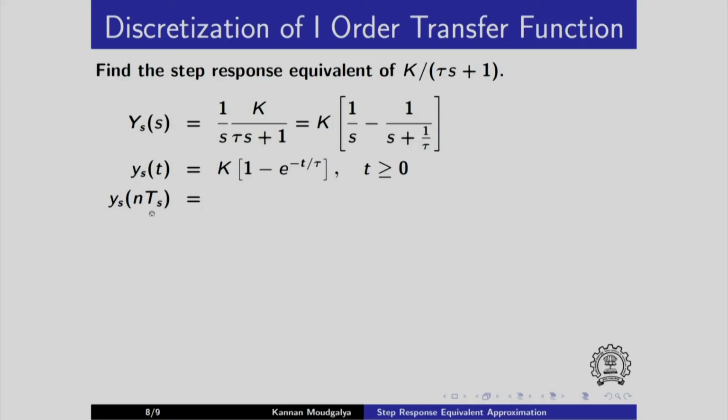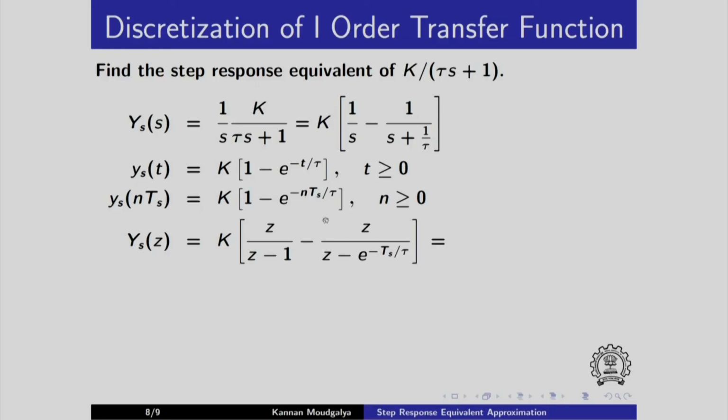Let us discretize it. T equals nTs, replace this t with nTs, for n greater or equal to 0. Let us take the Z transform. In the place of 1 we have Z over Z minus 1. This looks like r to the power n, where r is given by exponential minus Ts by tau, and the Z transform is Z over Z minus r.